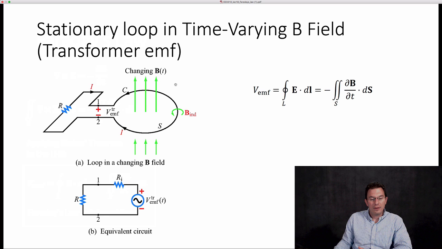A second B field also develops here due to the current I, this red current that is induced by the changing magnetic field.